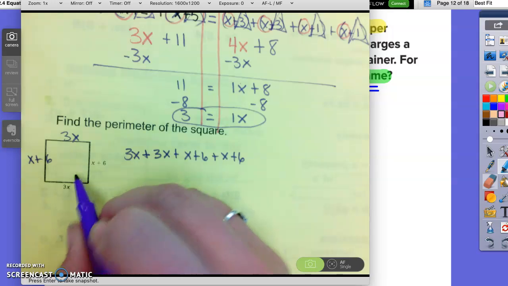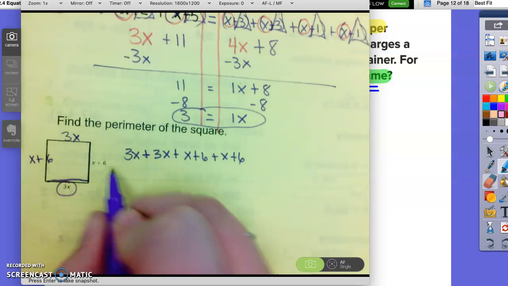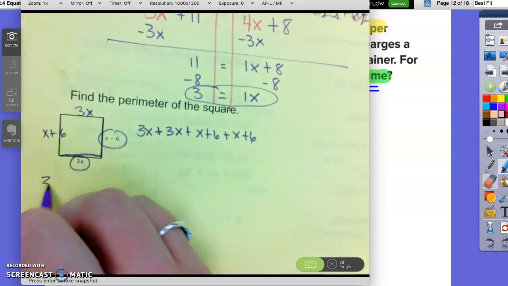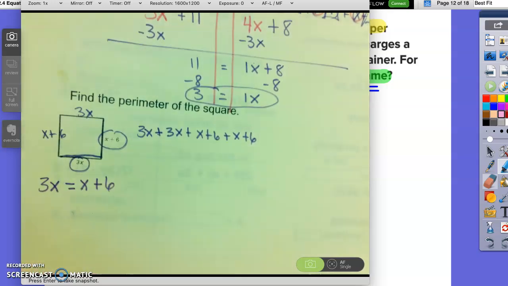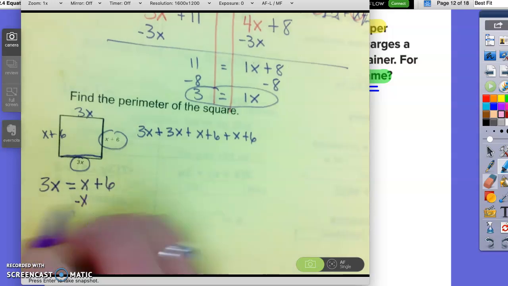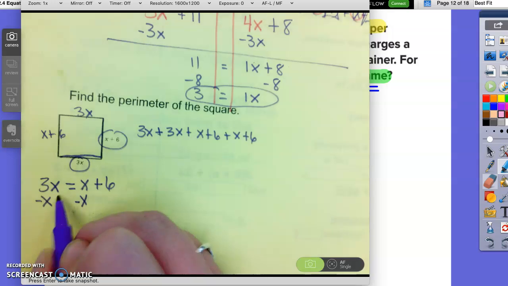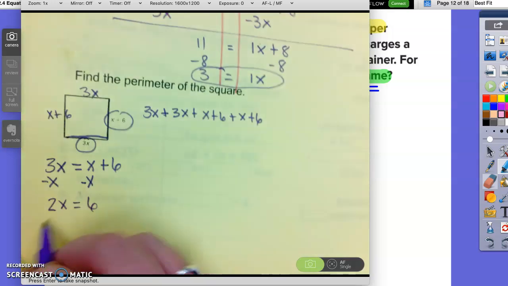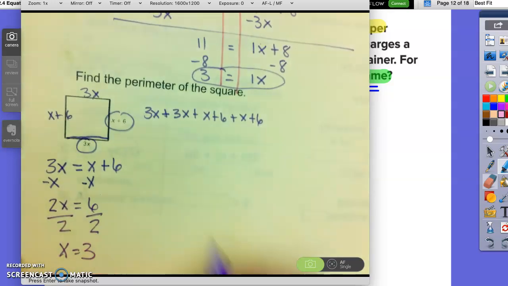So if this is a square, these two are equal, this side and this side. So before I do this, I need 3x is equal to x plus 6. So subtract x from both sides because we want to find out what x is. So 3x minus x is 2x equals 6. Divide by 2, x equals 3. So x is 3.